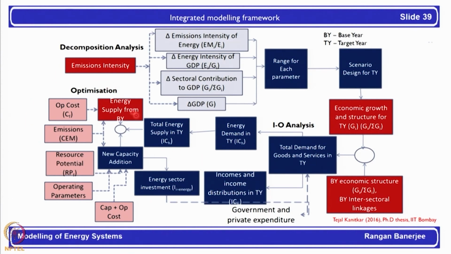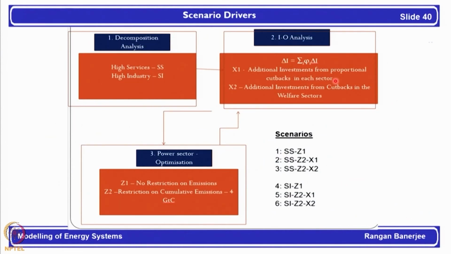There's an optimization model of the power sector, there's an input-output model, and then there's a decomposition analysis and different scenarios. Under each of these scenarios, we first identified different drivers. We took a high services scenario and a high industry scenario, and then we looked at the additional investment, either as proportional cutbacks from each of the sectors, or as cutbacks in the welfare sector.